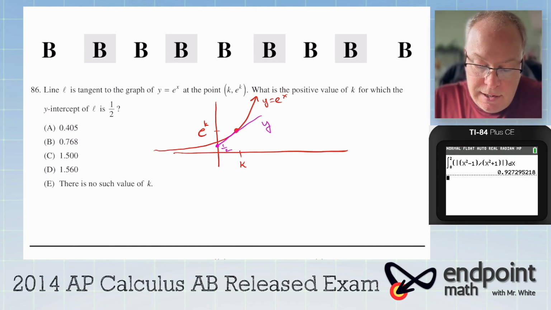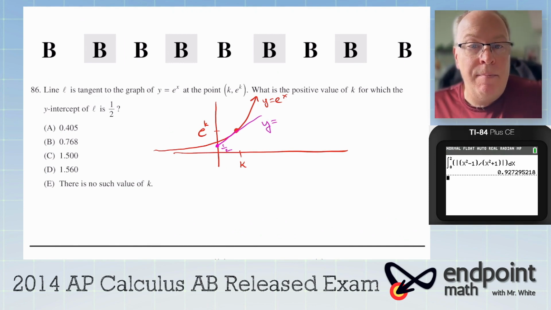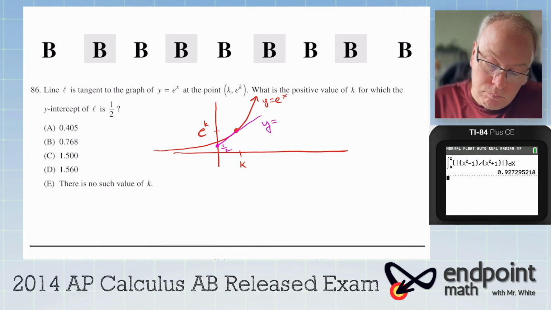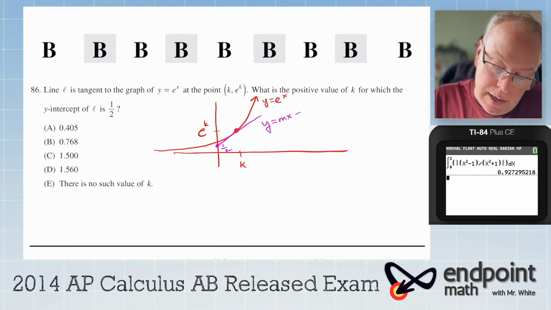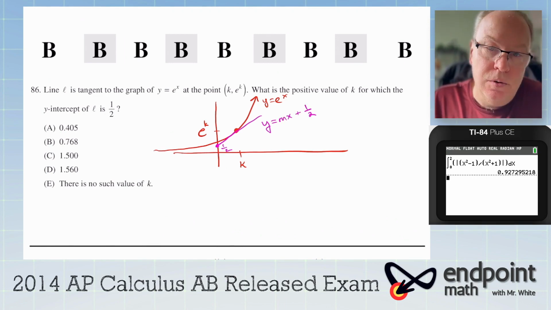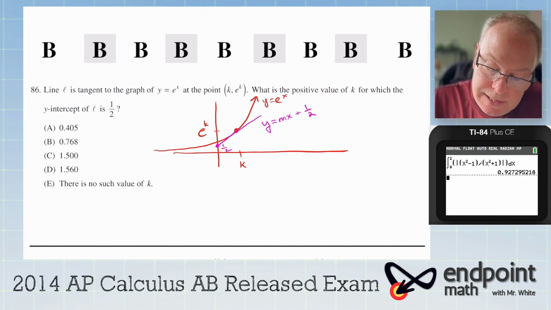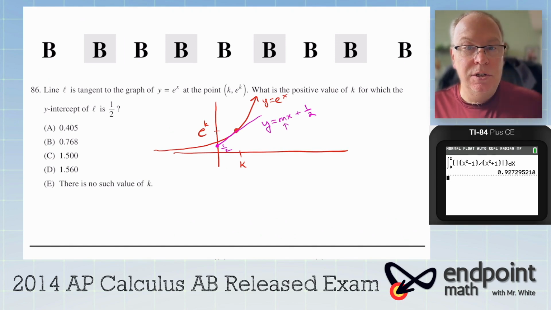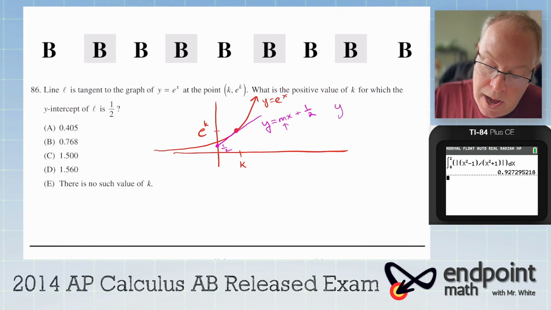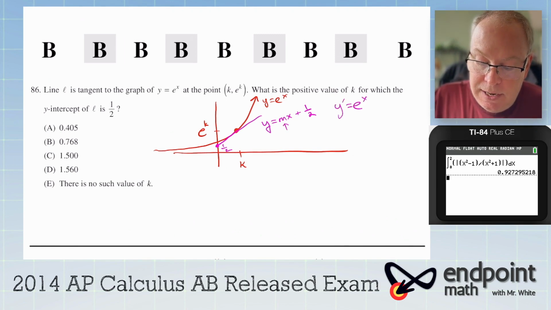Well, what I'm starting to think about here is y equals mx plus b. And since it goes through 1/2, I know the y-intercept is 1/2, right, on the y-axis. Now, how do we get slope of a tangent? That's just the derivative. And y prime would be also e to the x.